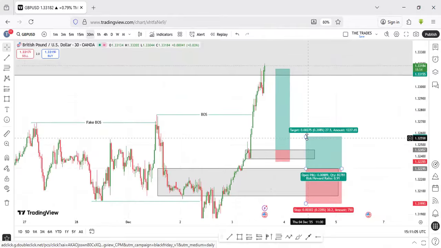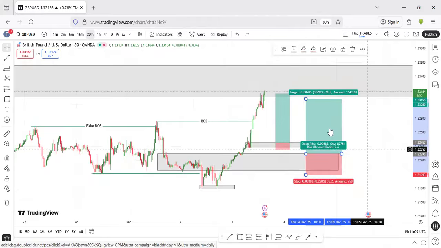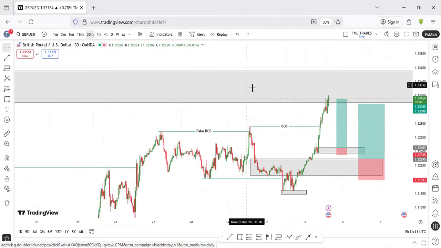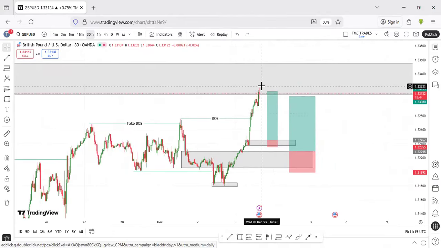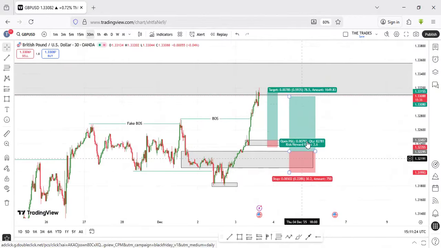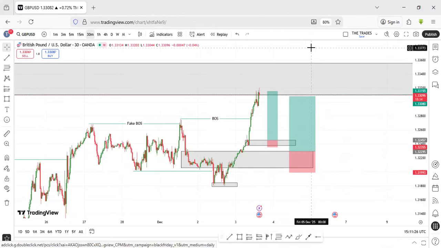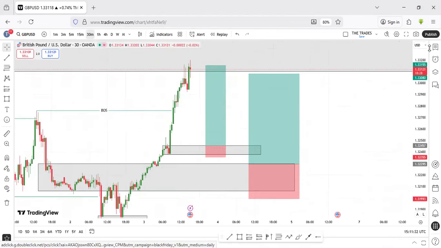So the first one, I'll be looking for that opportunity at this particular place, coupled with what we are seeing on daily, because this is a very good order block on daily, where we have a 70 to 90% guarantee that it is going to push the market to the downside to create that higher low before more continuation to the upside. So on GBPUSD, this is the first setup that I have.